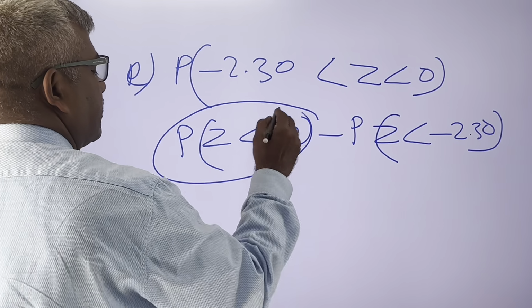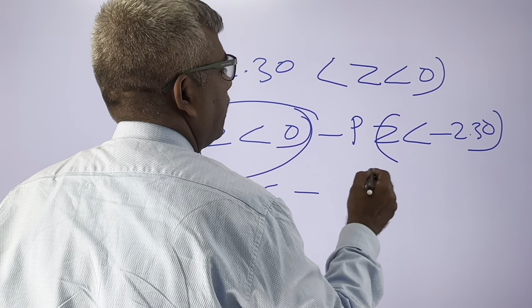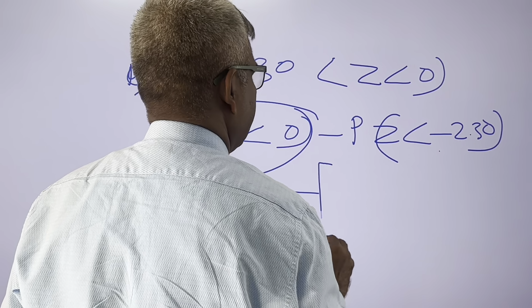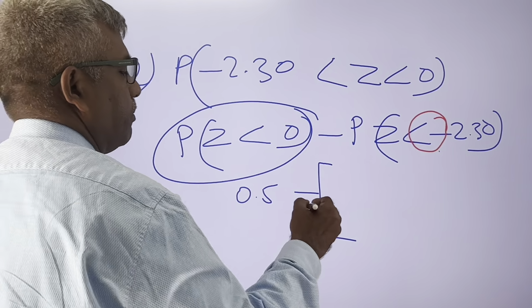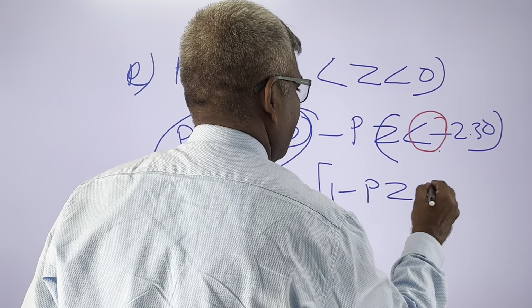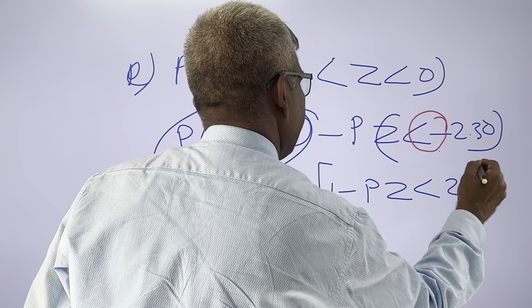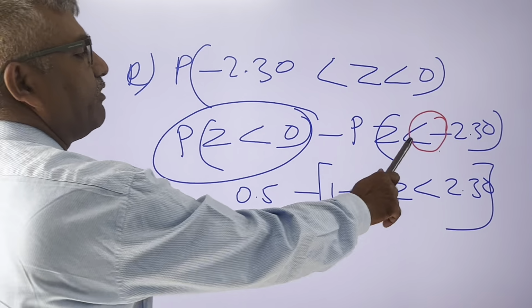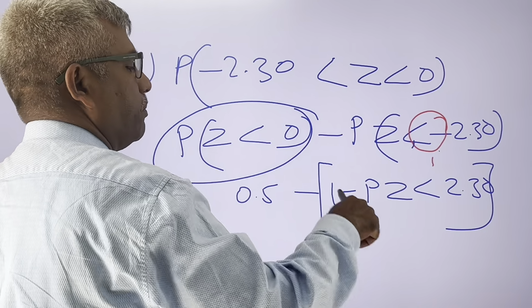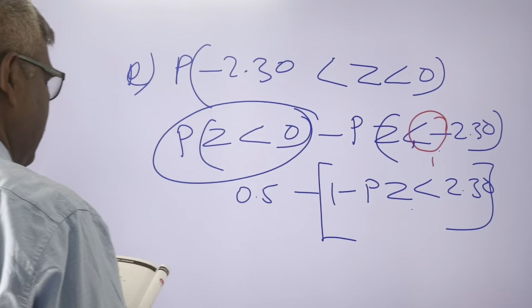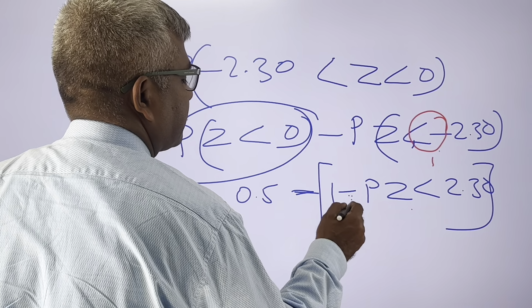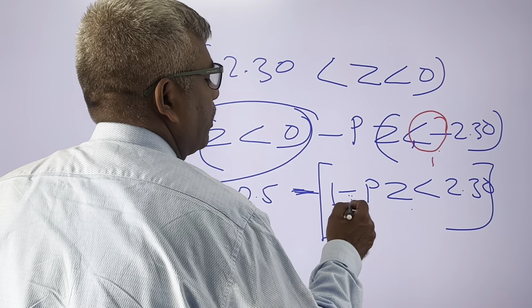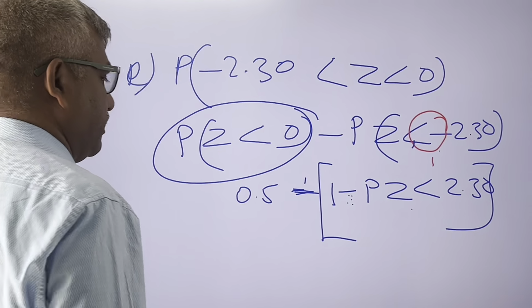Okay, less than 0 is 0.5. As per our E sum, you may put it like this. Actually it will be the greater sign, then 1 minus this one. Okay, but put the bracket. Next step it will be plus. Some people put minus 1 minus. No, it is wrong.